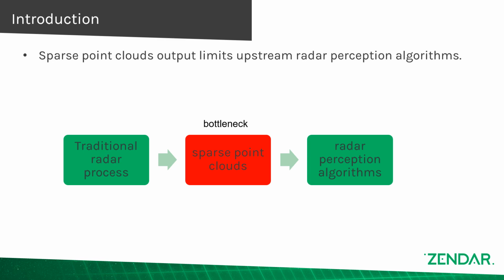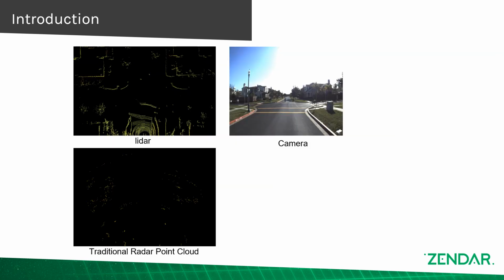Currently available automotive radars output sparse point clouds with very low angular resolution. Such output lacks semantic information of the environment, and it limits the performance of the radar perception algorithms. Here you can see the same scene from camera, bird's eye view of lidar, and bird's eye view of the traditional radar point cloud.